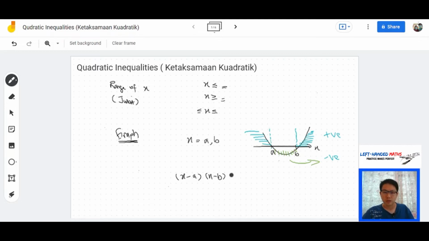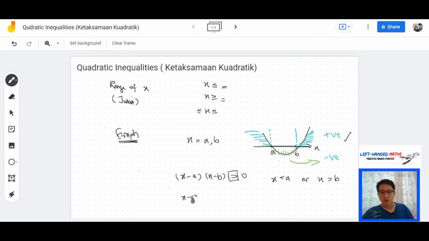If this is more than 0, which means positive, I have to consider the positive part of the graph. So my answer will be all x values less than a, or all x values more than b.